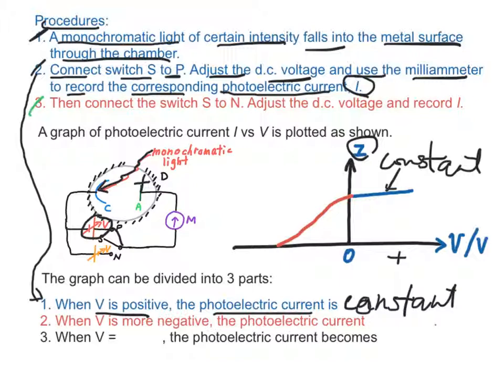Next, connect the switch S to N and adjust the DC voltage and record I. When S is connected to N, the voltage at the anode becomes negative.